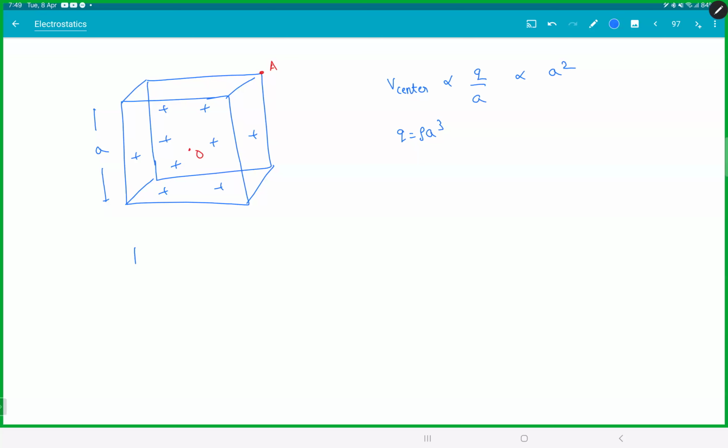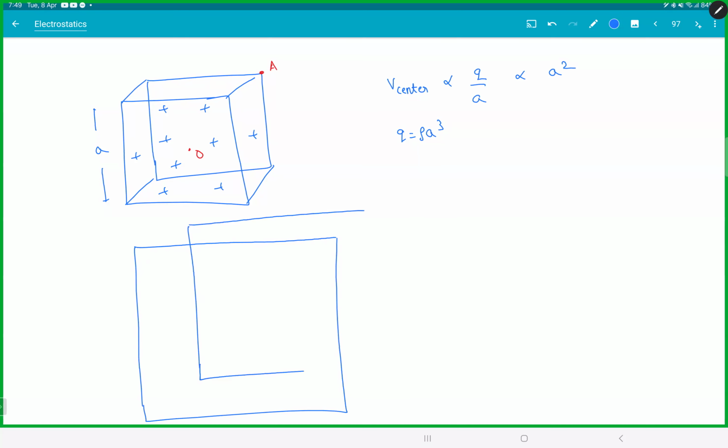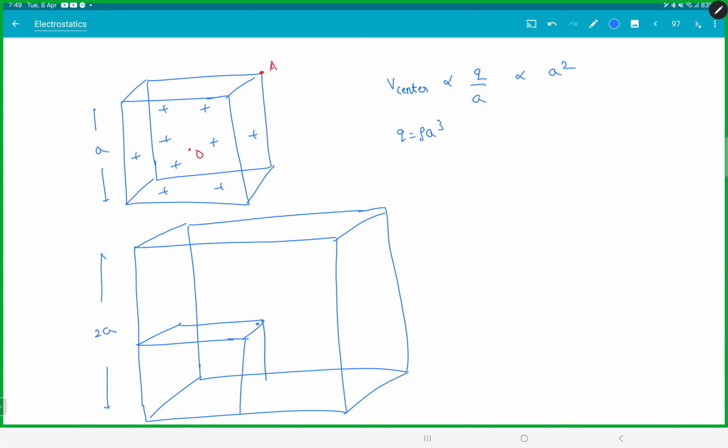That means if you take a cube of side 2a, at the center, the potential will be 4 times. But remember, this cube is made of 8 small cubes.